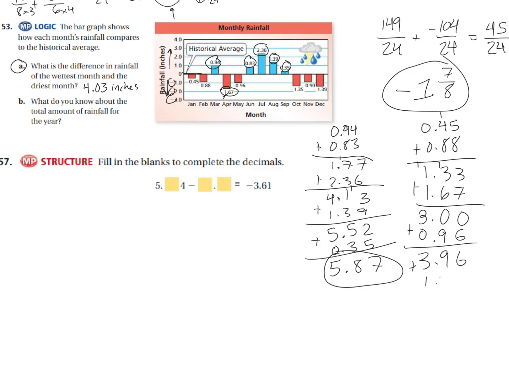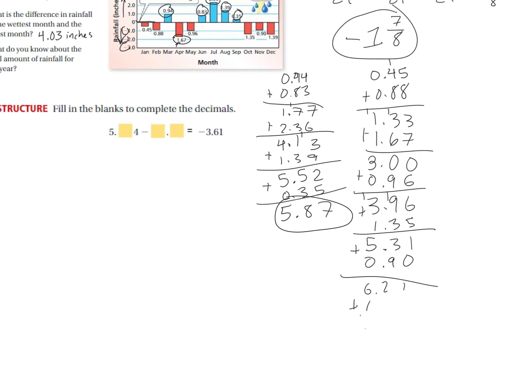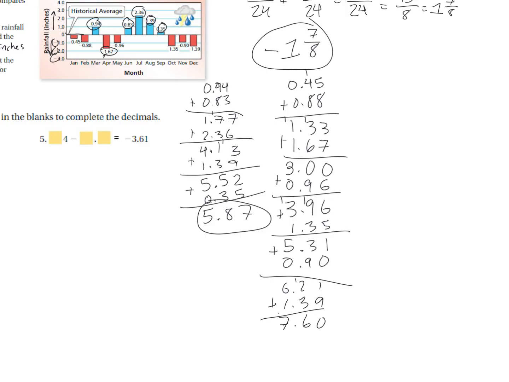Adding 1.35, 5.31, plus 0.9, which brings us to 6.21. And then finally adding 1.39, which takes us to 7.6. Okay, so in the months where I was above, I went way above by 5.87. In the months I was below by 7.6.